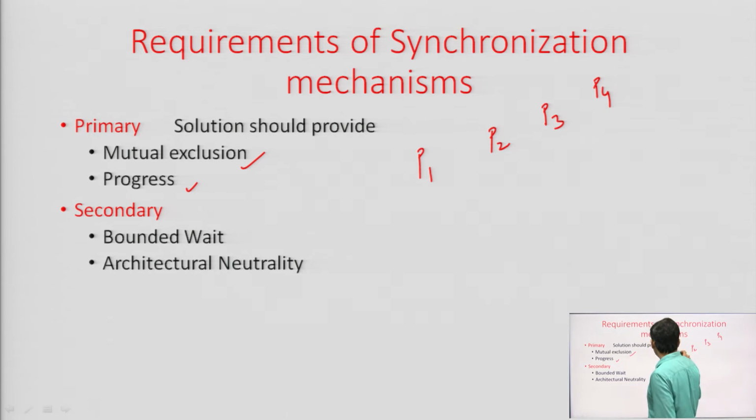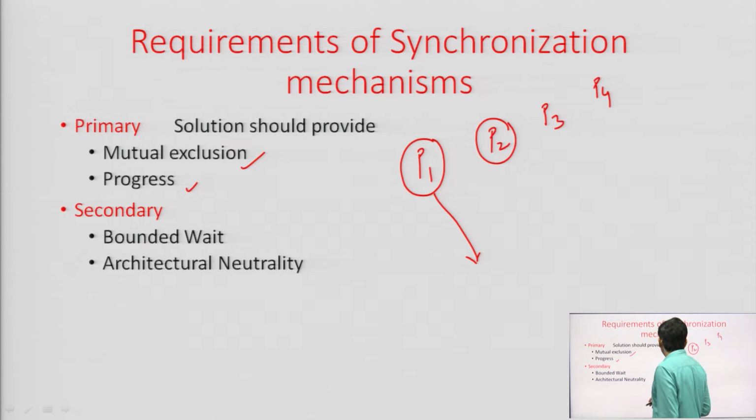Now, the P1 process needs the entry in the critical section. It wants the execution of the critical section. So, it goes in. Let us say the P2 process does not want the critical section execution, but it does not want others also to enter the critical section.